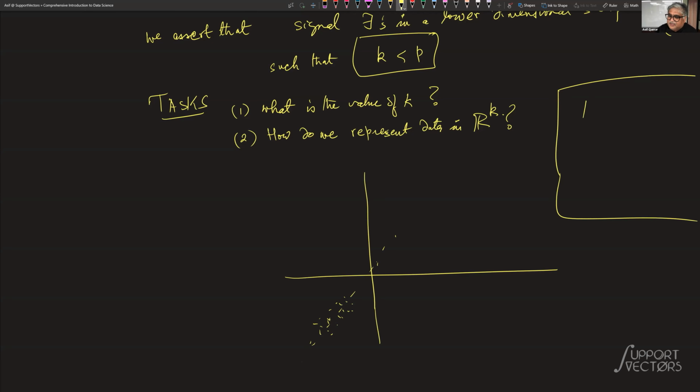So we have centered our axes. We are always looking at x minus mu x for each of the directions, x1, x2. With that assumption, data is somewhere like this.